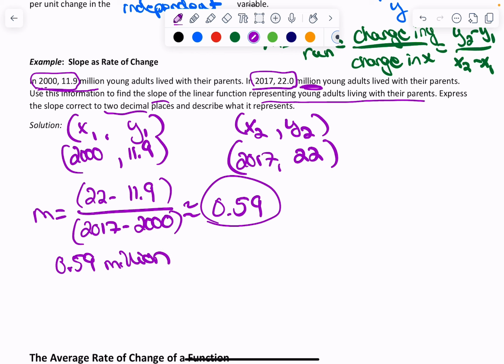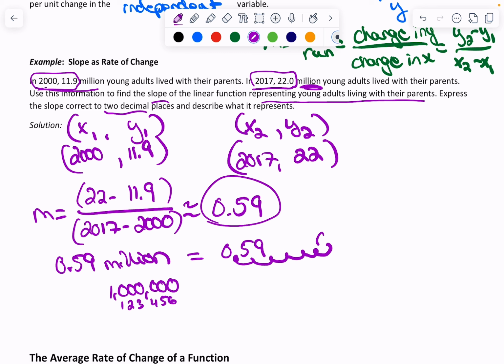So when we start moving the decimal here, a million has 6 zeros, right? So we're going to move this decimal 6 times: 1, 2, 3, 4, 5, 6. It's just like we would be multiplying by a million. So we get 590,000.